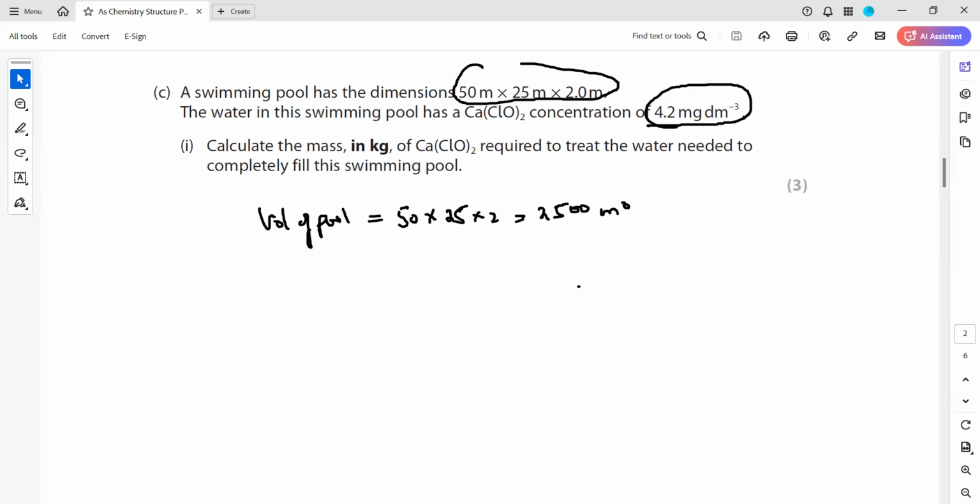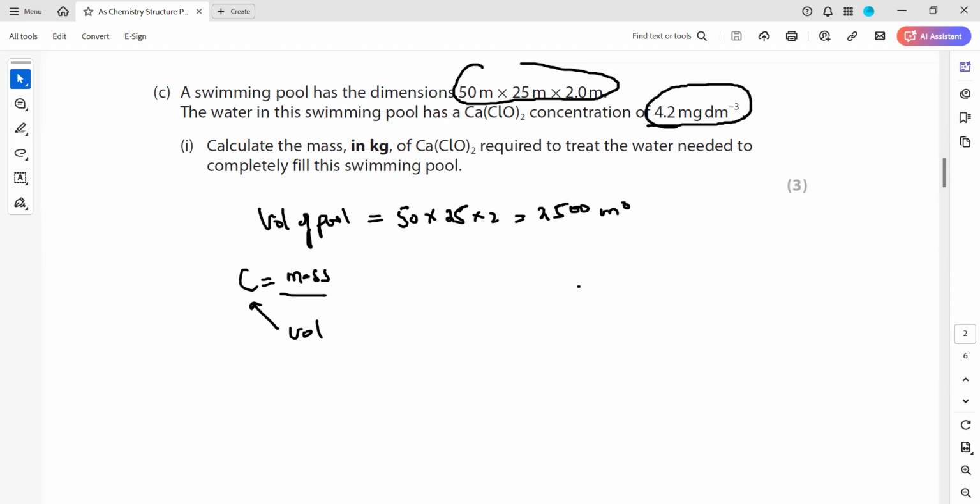Concentration can be mass per dm cube, mass per unit volume, or it can be moles per dm cube. So if we need the mass of the CaCl2, it will be concentration times the volume. And what is the concentration given? Concentration is given as 4.2 milligram per decimeter cube.